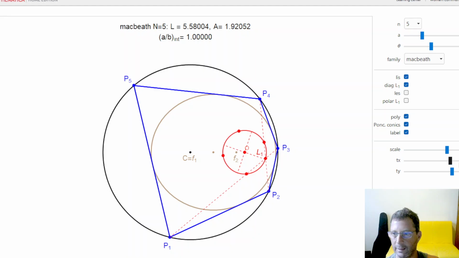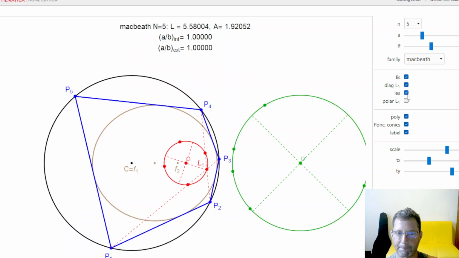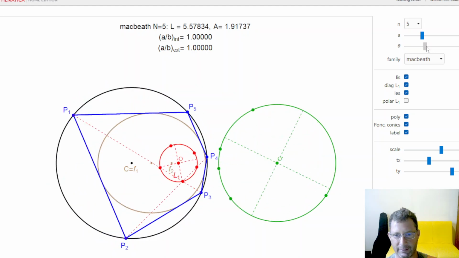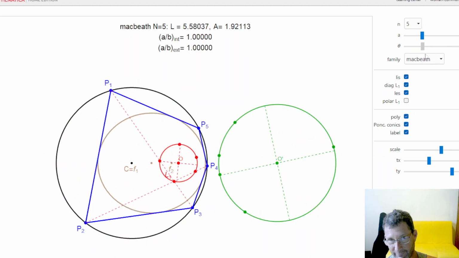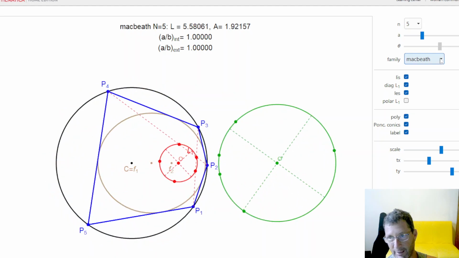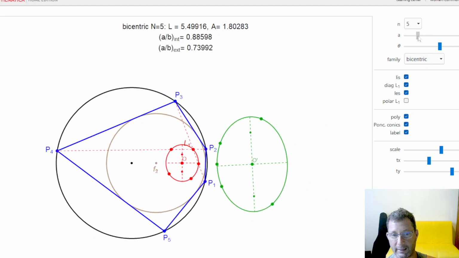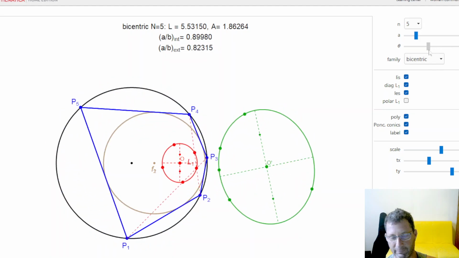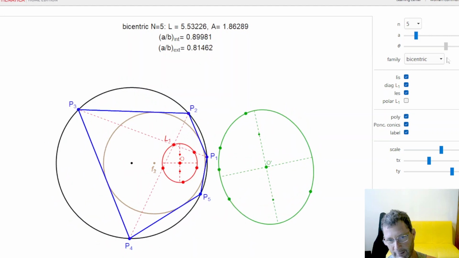Now let's look at the external points. They also fall on a circle, and that's quite surprising. Look at this. And this is a stationary circle. I haven't seen this in the bicentric case, for example. In the bicentric case, which I'm showing here, both internal and external cases fall on ellipses, of course.